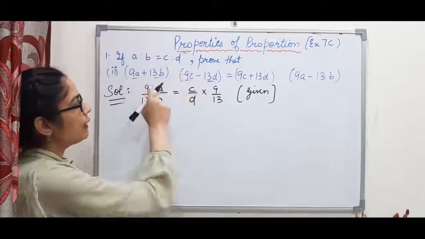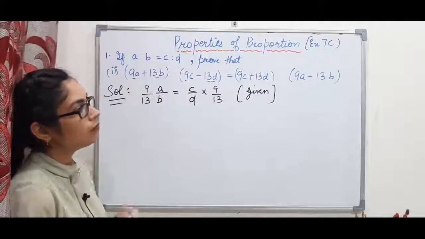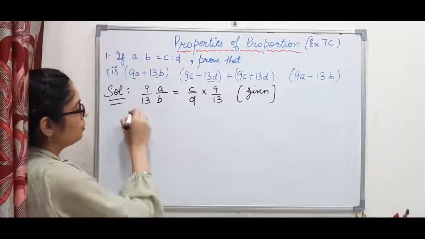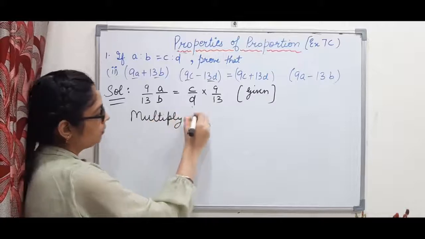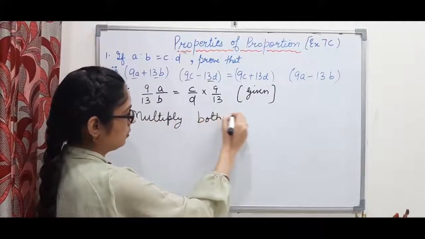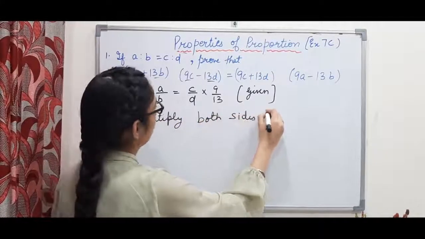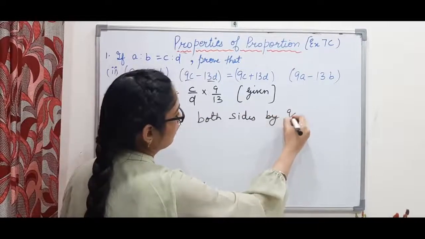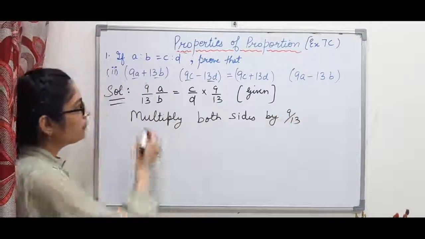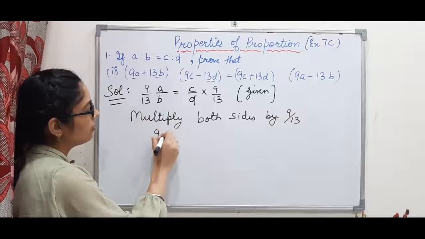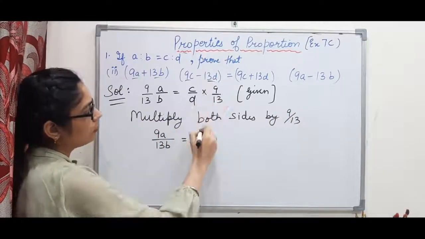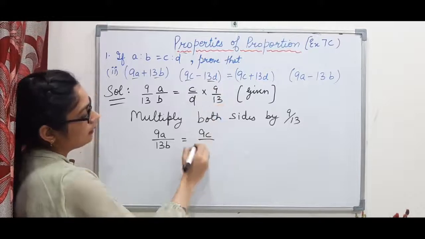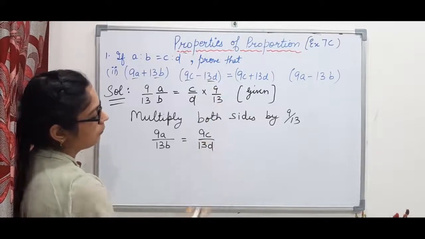With a and c 9 is there, and with b and d 13. So multiply both sides by 9 by 13. So let's multiply 9 into a, 9a, 13 into b, 13b, it's equals to 9 into c, 9c, 13 into d, 13d.